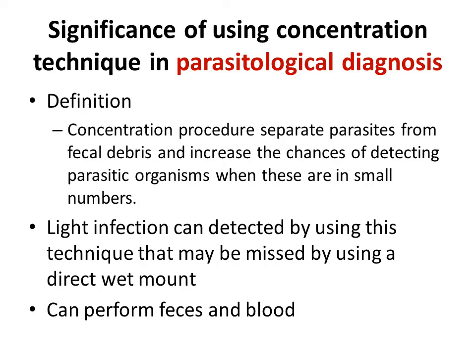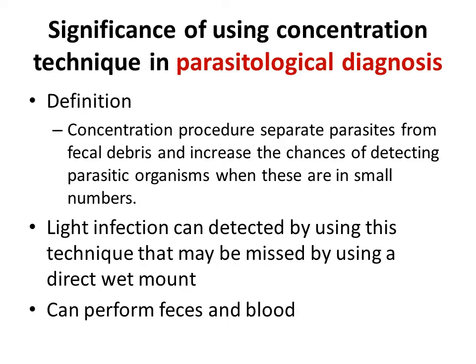That means the specimen received in parasitology is normally a fecal sample or a blood sample. In that, the parasite concentration is very low. We cannot detect it in the direct method, that means the wet mount.